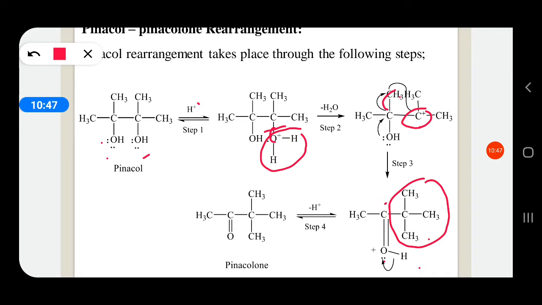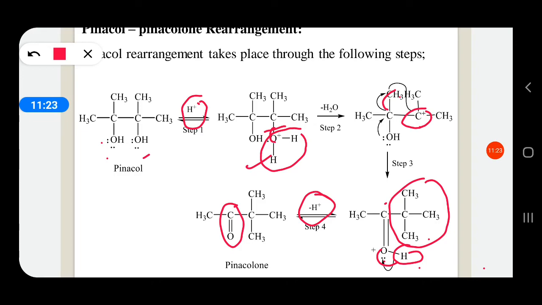Now the OH bond electrons are given to oxygen and the H plus is removed. Initially in the reaction H plus is added, at the end H plus is removed. When the proton is removed, it becomes C double bond O, which is called Pinacolone. Along with dehydration, rearrangement also takes place and it produces a ketone called Pinacolone.